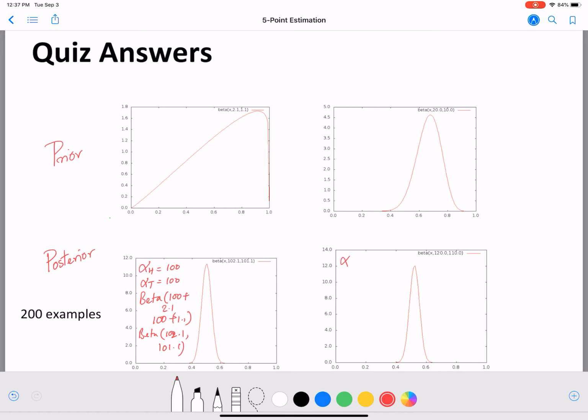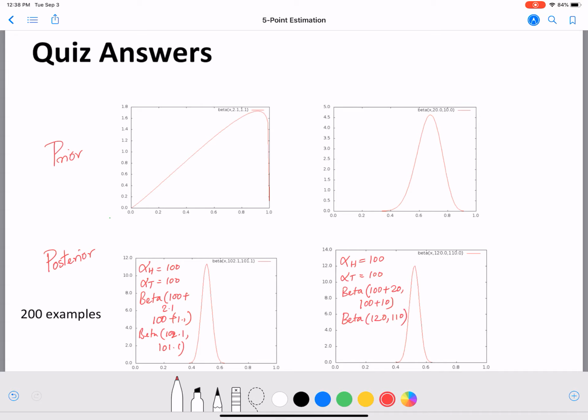Here we have alpha h equal to 100 again, alpha t equal to 100, beta of 100 plus 20, 100 plus 10, beta of 120, 110.